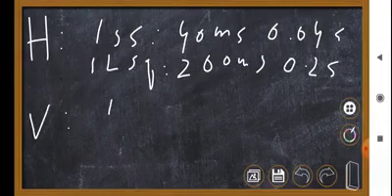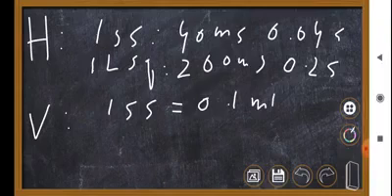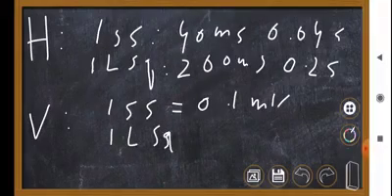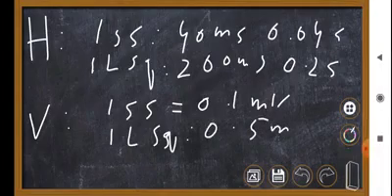Vertically, one small square is equal to 0.1 millivolt. One large square is equal to 0.5 millivolts.